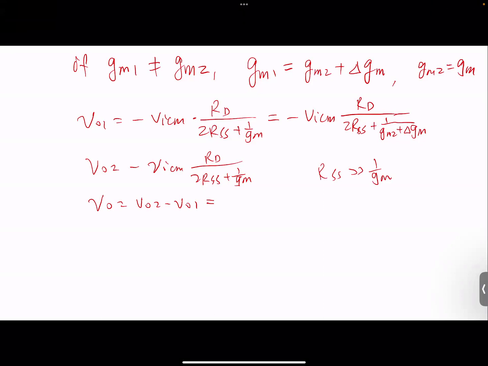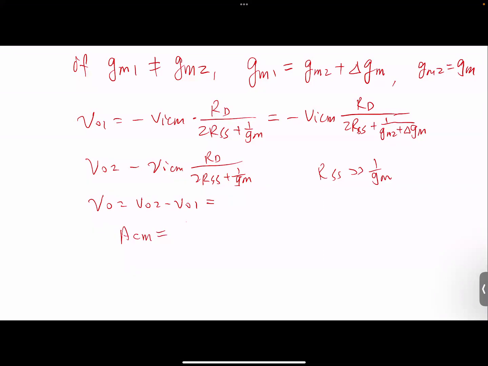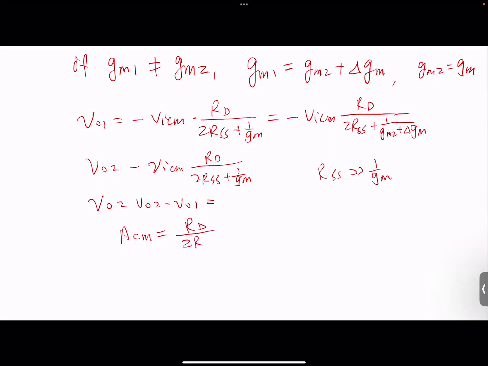I'm going to neglect the whole process and give you the answer, ACM, neglecting some differences. So this is RD over 2 times RD over delta GM over GM. This is the common mode gain that we had when you change the delta GM.